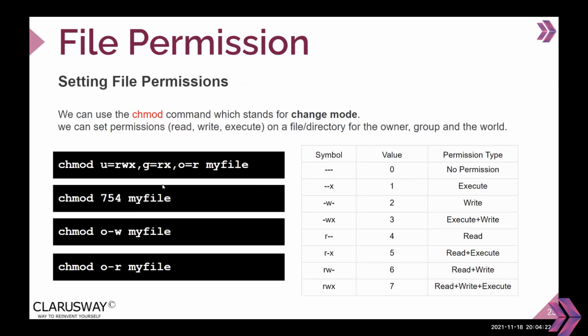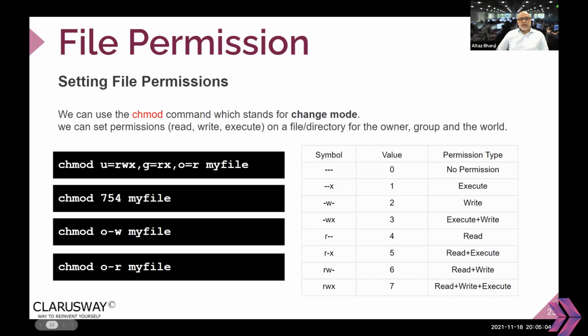So if you don't need to change the whole thing, what you can do is specify the entity, in this case, others, and what you want to change. So it can be a plus or a minus. In this case, I've got a minus W on my file. So I'm going to change the permissions for others, and I'm going to take away the write permissions. That's what the minus W means. Or in this case, for others, I'm going to take away the read permissions.